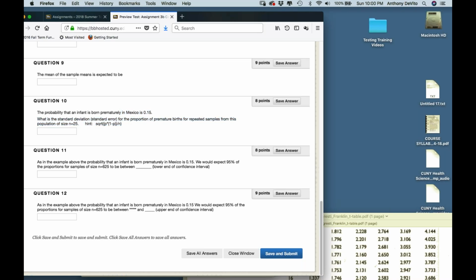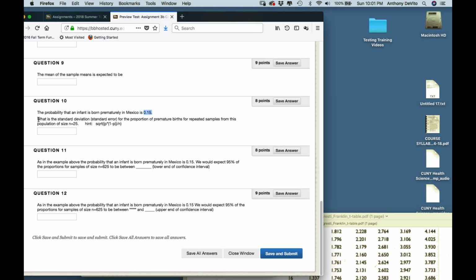In other words, if the true proportion is 0.15, 15% of children are born prematurely, and you took a sample of size 25, the first time you might get 0.14, or 16%, or 20% or 10%, right? But overall, if you repeat it often enough, the average of the repeated samples is going to be 0.15.